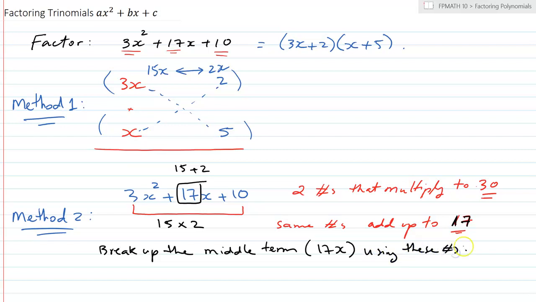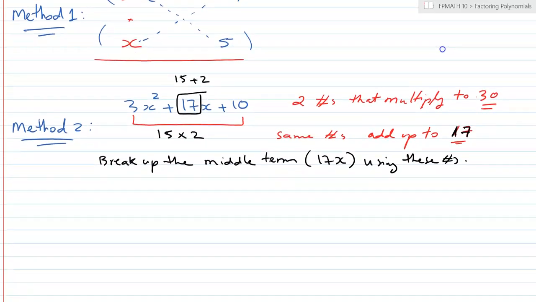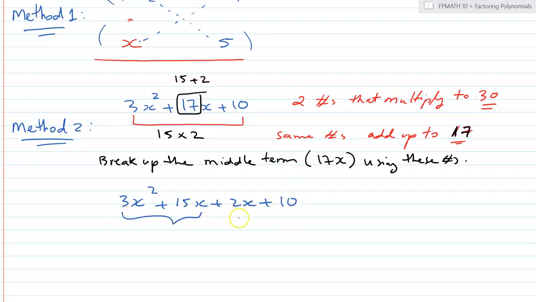Okay, let's do it. 3x squared plus 15x plus 2x plus 10. And this is why we call this factor by grouping, because you're going to group them like that and factor each of the pairs.